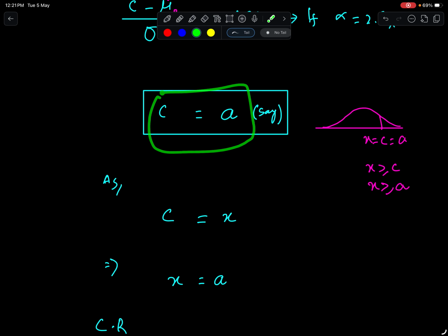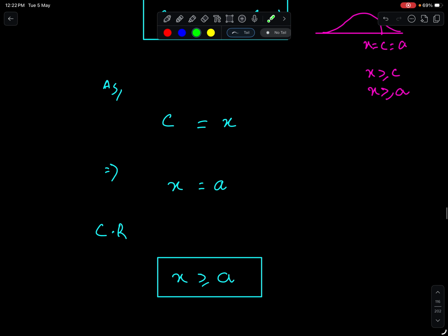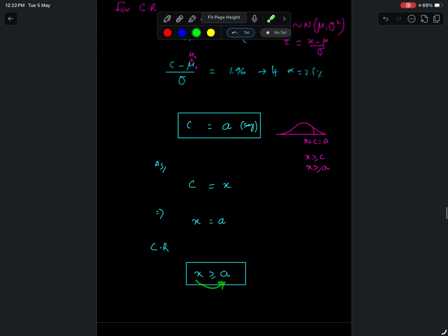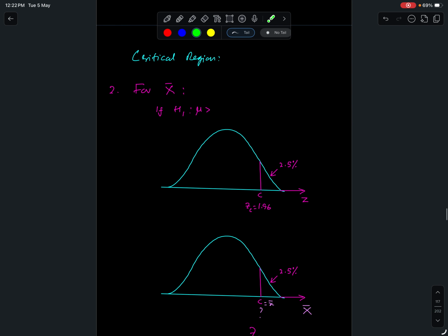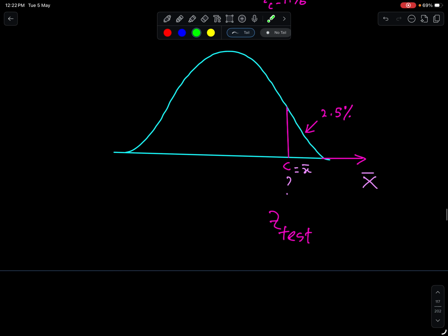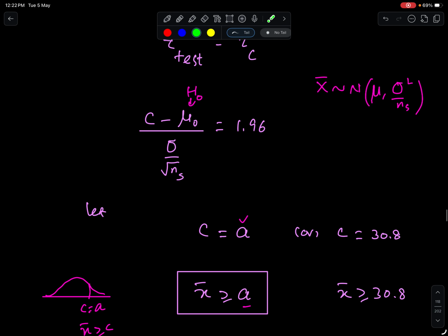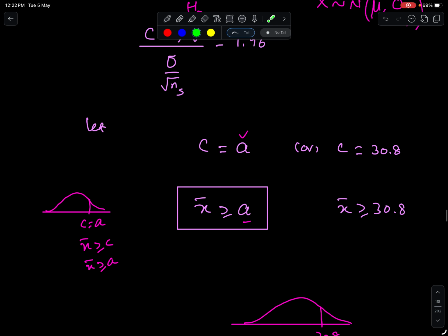If the critical region is A, then write it this way: X is greater than or equal to A. Please understand this carefully. See, the critical region is A, so write X is greater than or equal to A. This is the critical region in an upper tail test. I have mentioned this here.